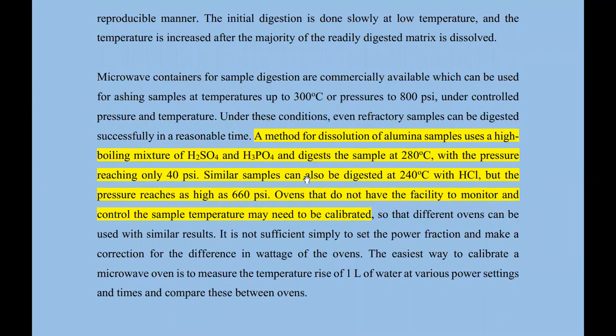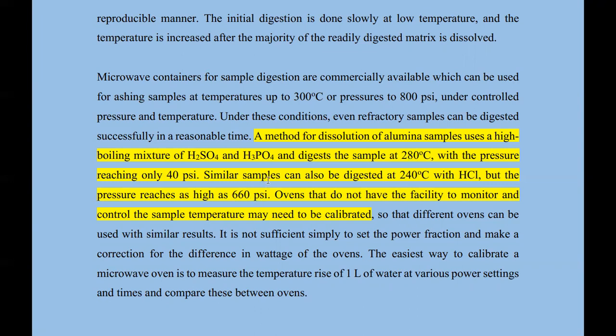For samples that have aluminium, you need a mixture of phosphoric acid as well as sulfuric acid, not nitric acid, and the temperature is likely to be above 280 degrees centigrade.